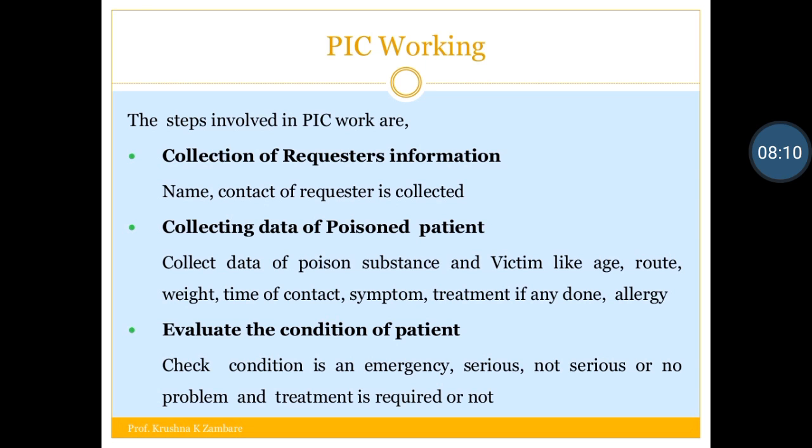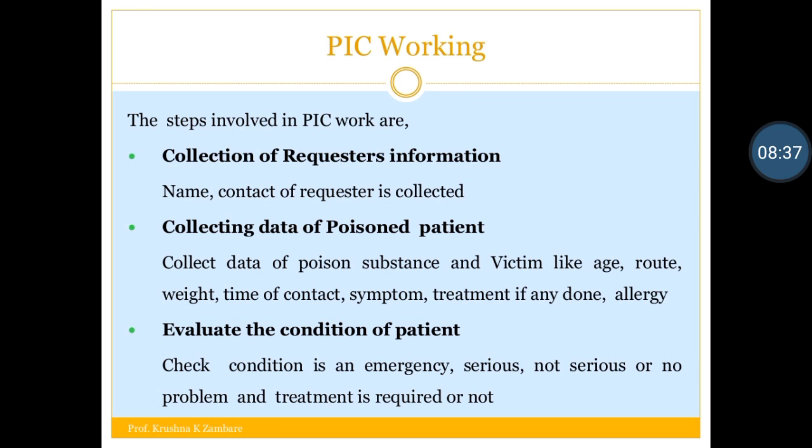Then what are the symptoms? Symptoms are very general, such as dizziness, breathing problems, that is dyspnea or asthma-like conditions, and a confused state of mind. Then treatment, if any has been done already, for example vomiting: many patients' relatives induce vomiting so that the poison in the stomach can be extracted out of the body.